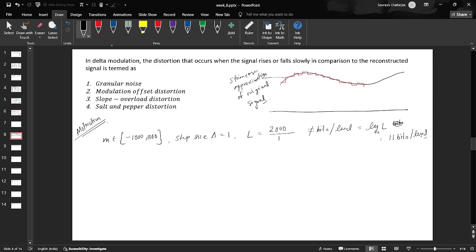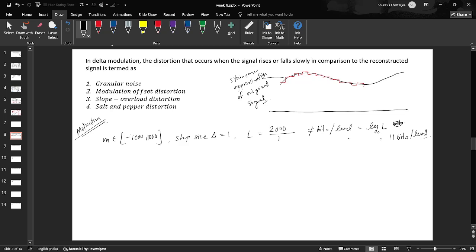So you have a very good quantizer which is going to keep your quantization error really in check. But since your message has such a big dynamic range, it is going to cost you a resolution of 11 bits per level. That is a huge complexity, and this kind of quantizer is really expensive to implement.